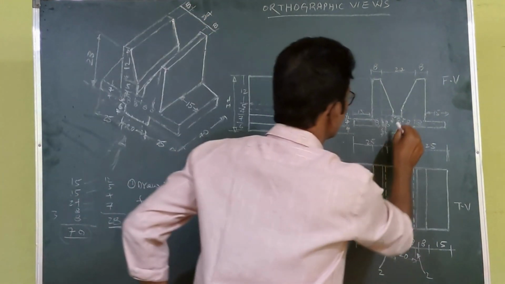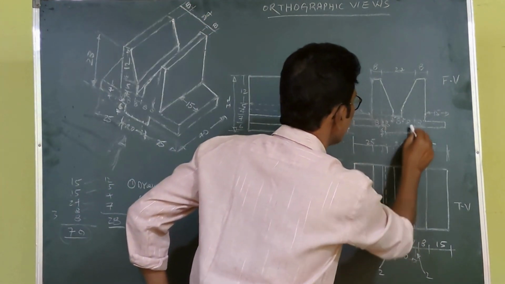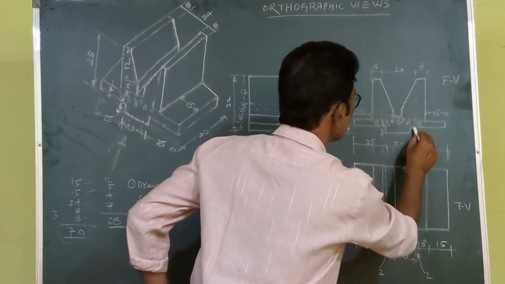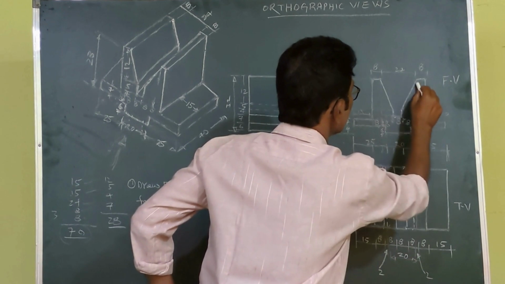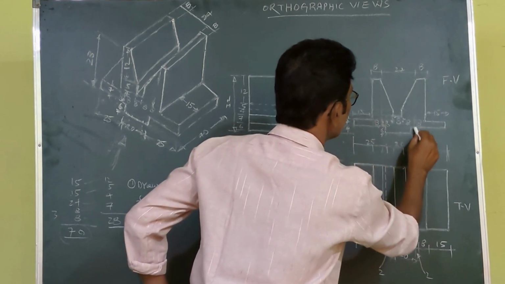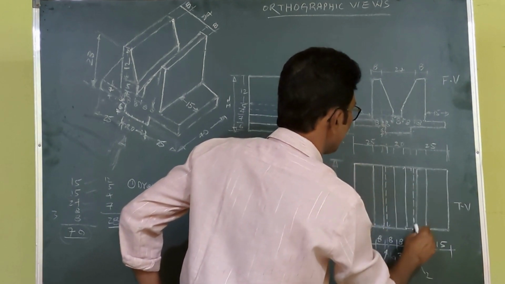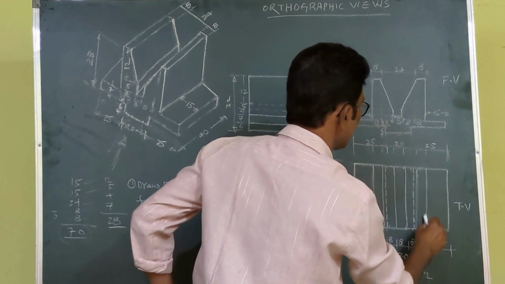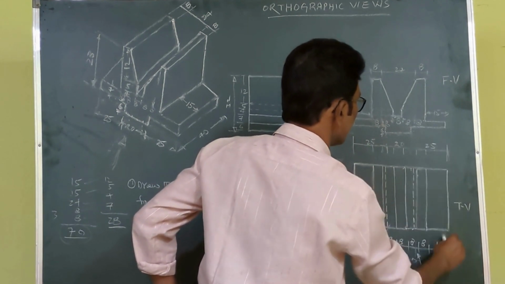This line is the bottom line, this is a dotted line. Beside that, this is the line. This is the part 8, from here to here 8, that is visible, so it is a full line. So again, this is the line, extended here, and extended here.